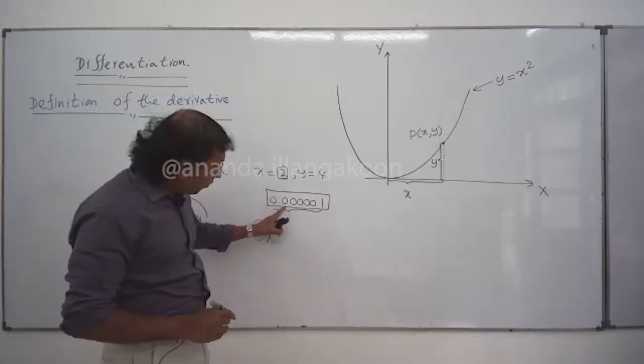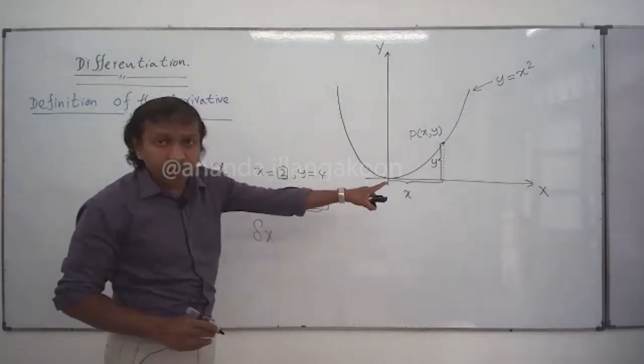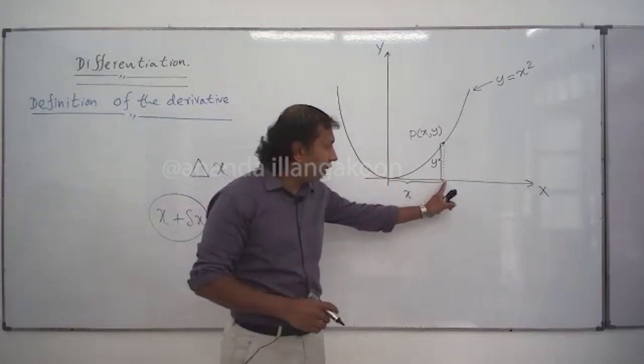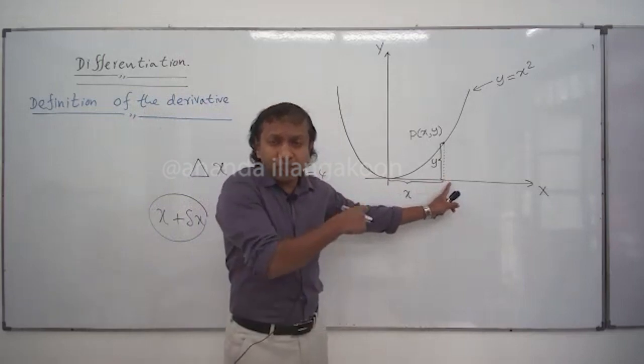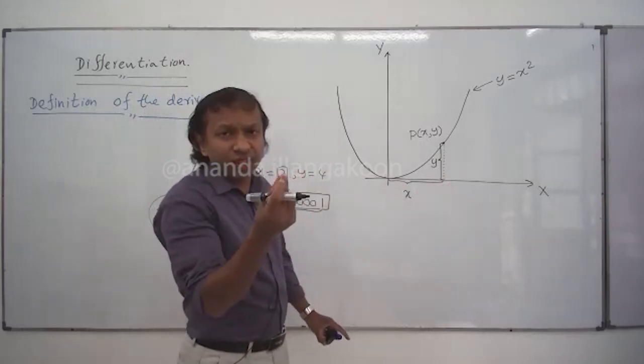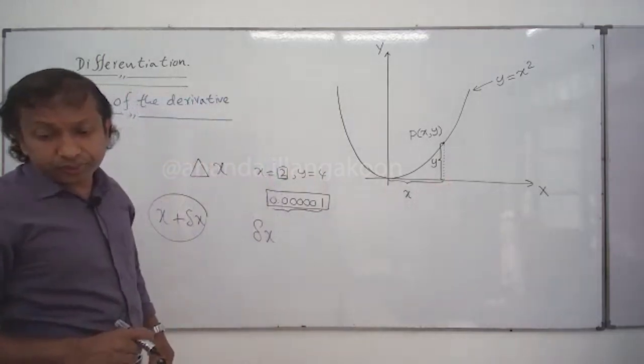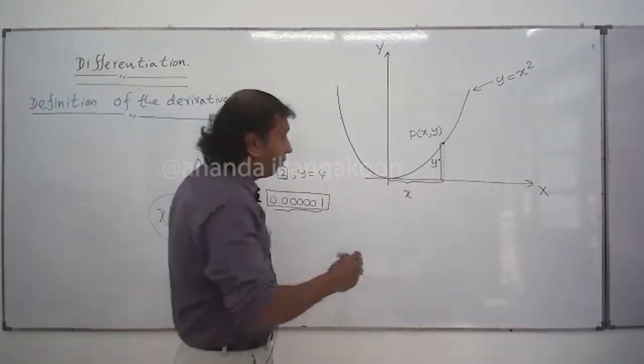If I try to show this small increment in this graph, we can't show the gap between x and x plus that very small part, because the gap is very narrow. So you can't clearly show that.